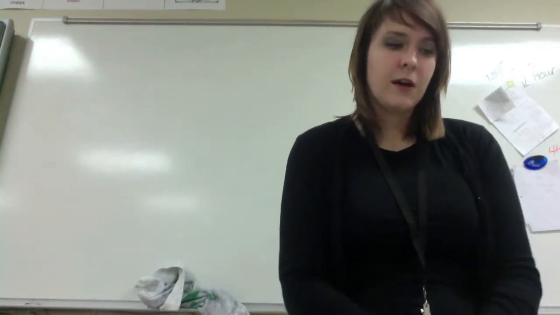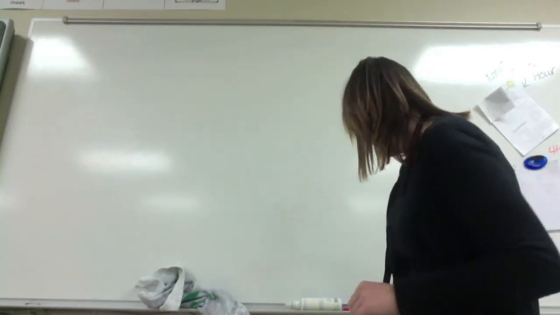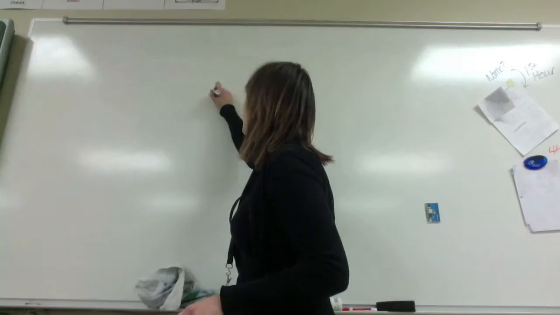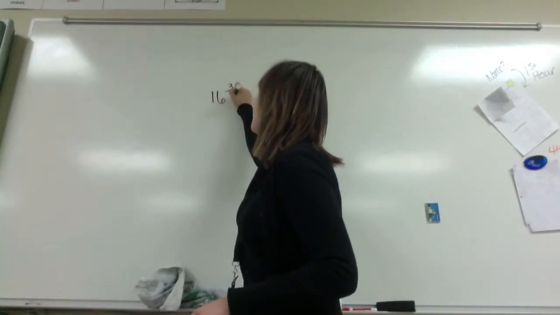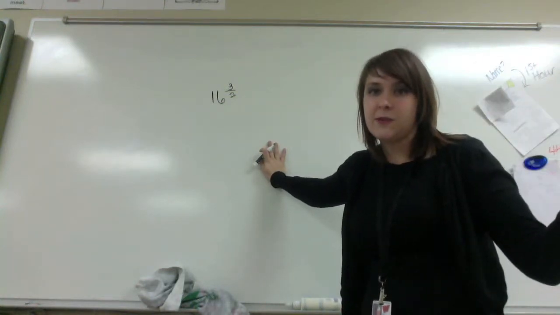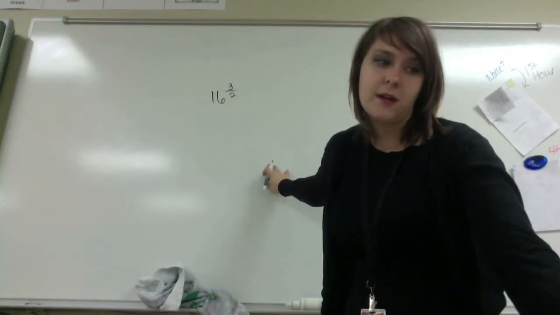So let's do some evaluating using these rules. The first one we have is 16 to the 3 halves. I don't know what this is off the top of my head, but I can figure it out using these rules here.